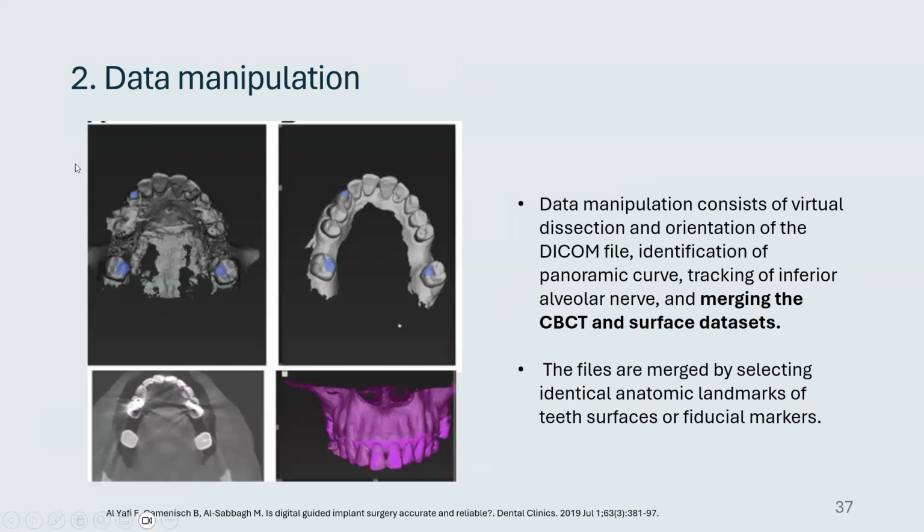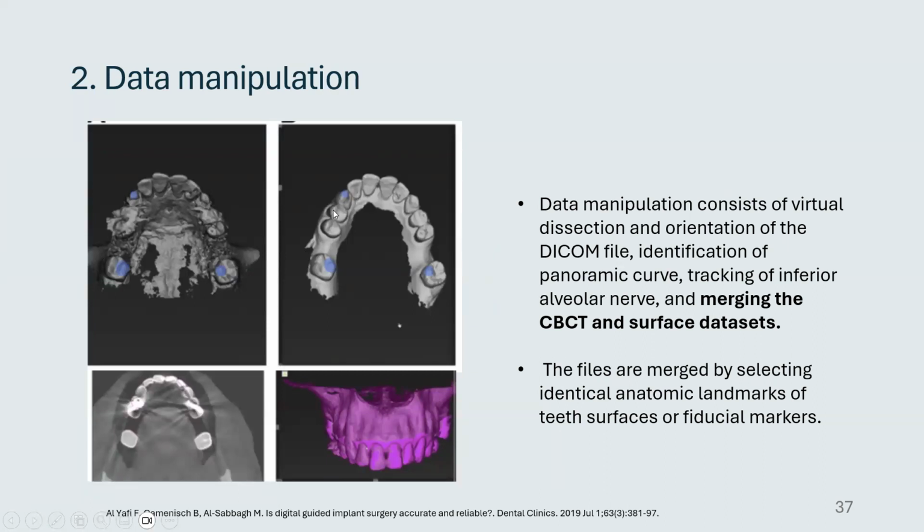Okay, now on the left is the data obtained from the CBCT, and on the right, the one obtained from the oral scanner. We use the teeth, as we said, as a reference to superimpose these two data sets from the patient.